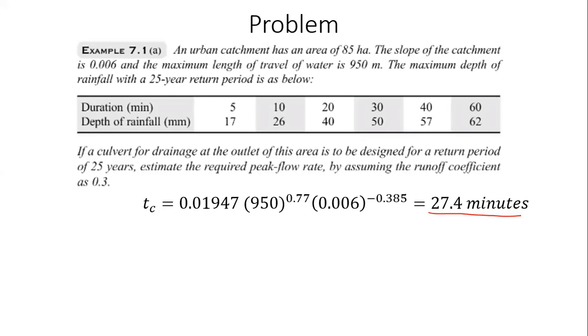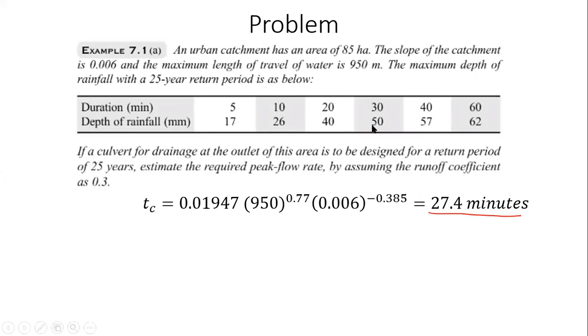Yeah, thanks. So we have the TC, the time of concentration, 27.4 minutes. What do we do for getting the rainfall intensity? Any ideas? So at 20 minutes, we've received 40 mm of rainfall.